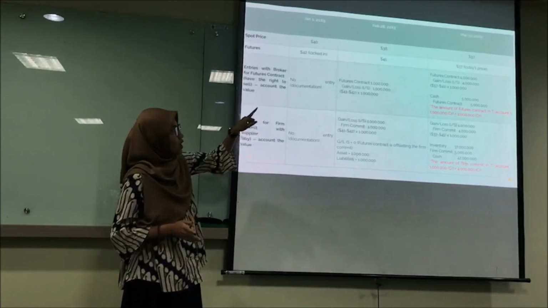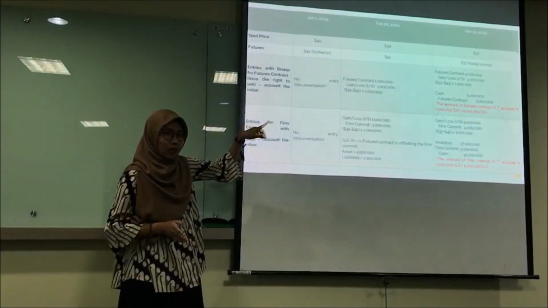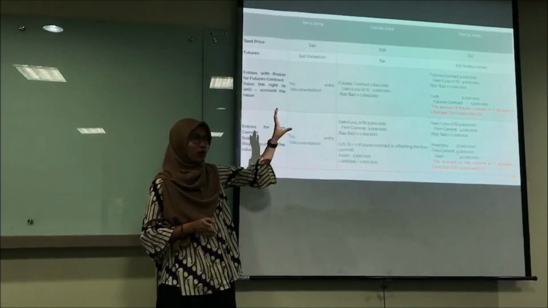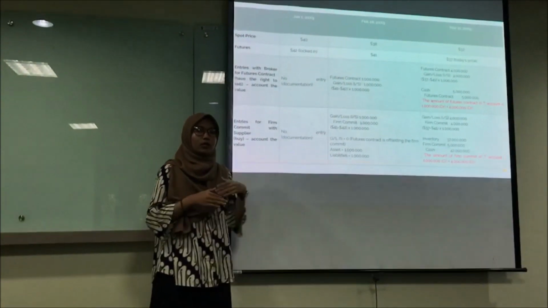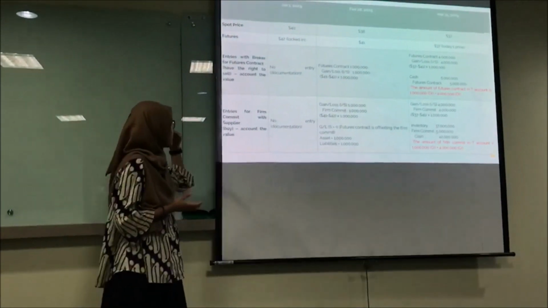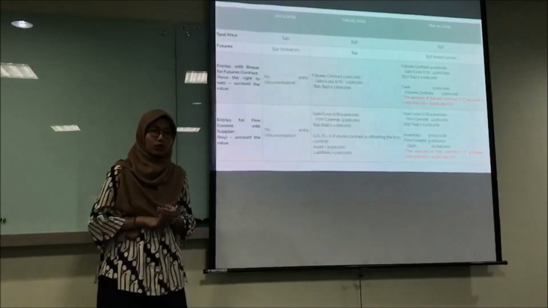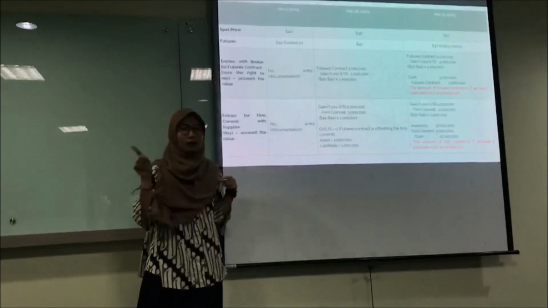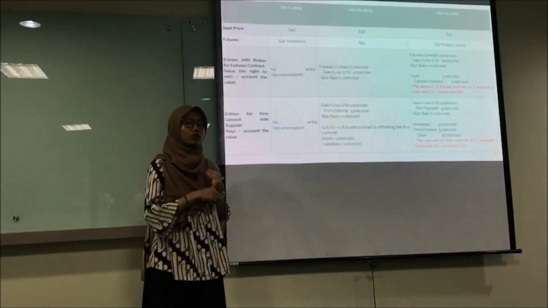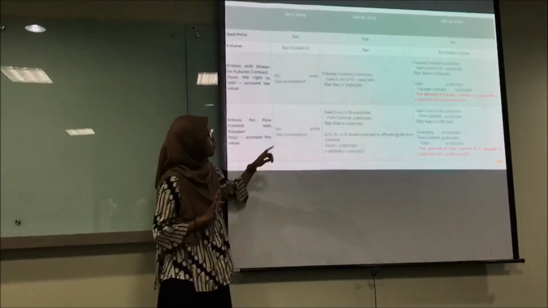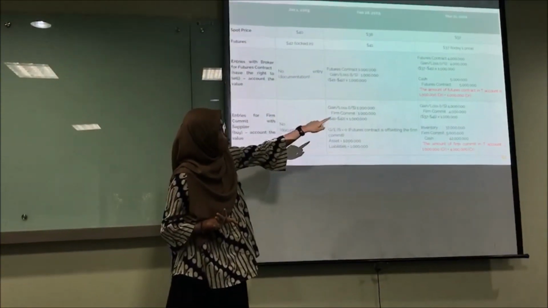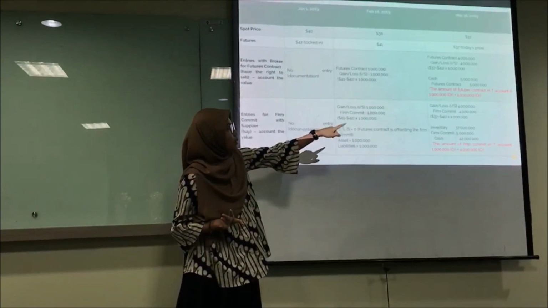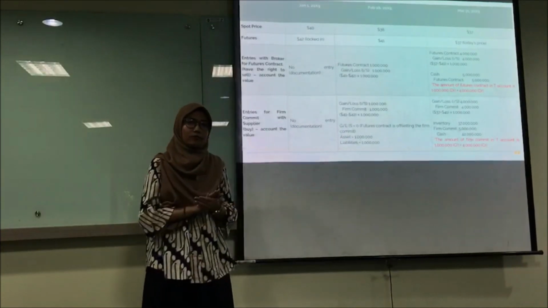And at March 31, when the price went down from 41 to 37, when you made entries with broker, you recognize gain of $4, and when you made the T account, the total amount of futures contract is 5 million. Because 1 million in the debit and 4 million in the debit, so the total is 5 million.